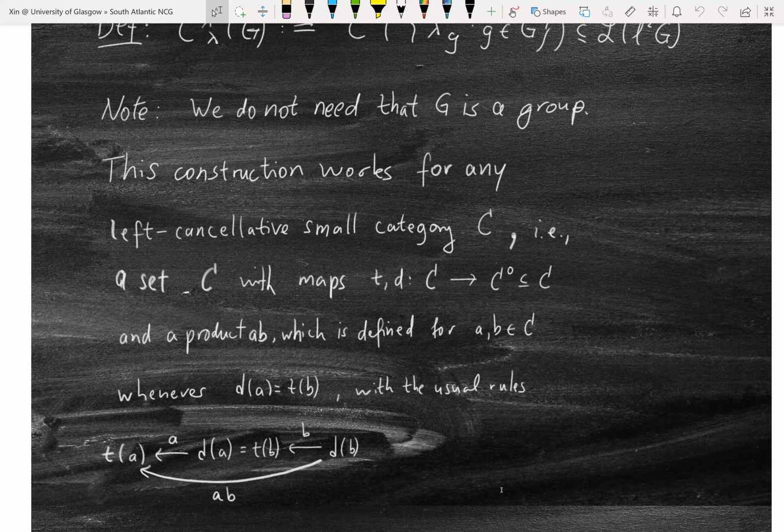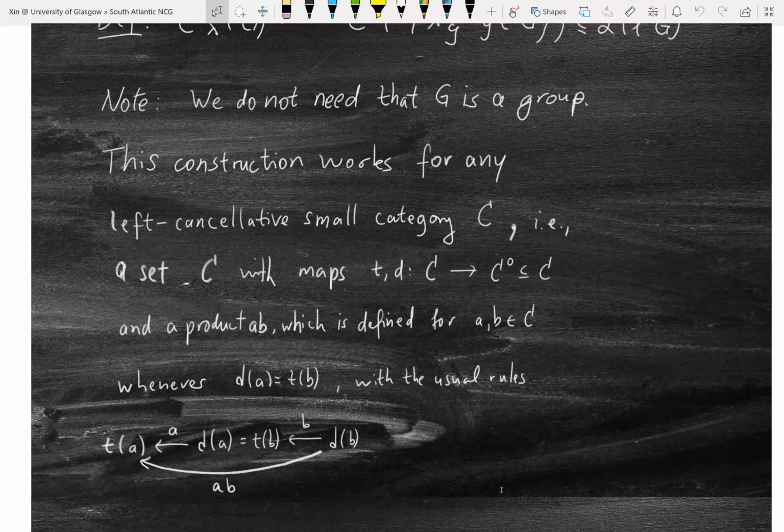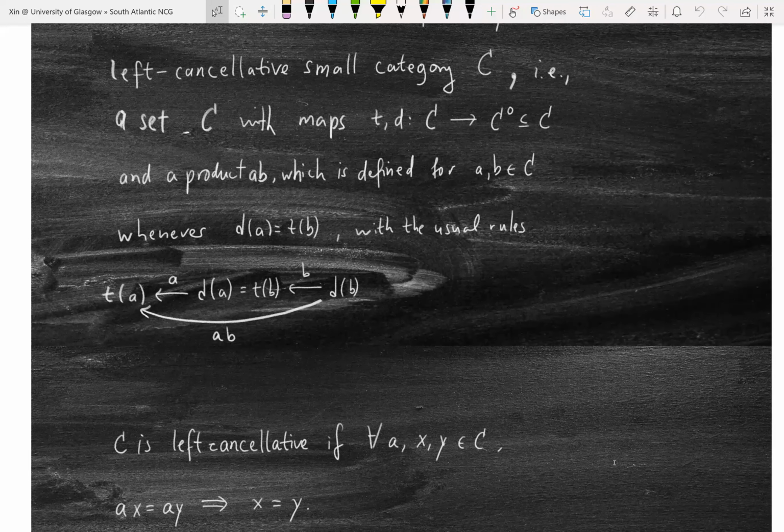So this is very roughly the structure we want, and left cancellation means precisely this condition: if you take a fixed element and look at the left multiplication map by this element, then this satisfies this injectivity condition, if you like.